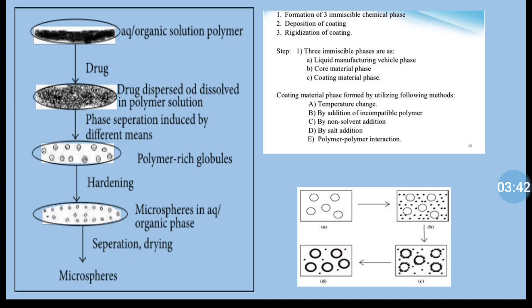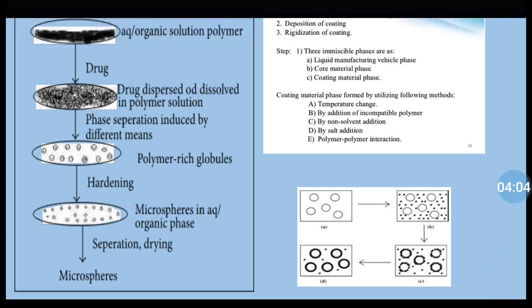Say a positively charged polymer is dissolved in its solvent and a negatively charged polymer is introduced, which has more solubility, then the earlier polymer will come out from the solution and will cause microencapsulation.